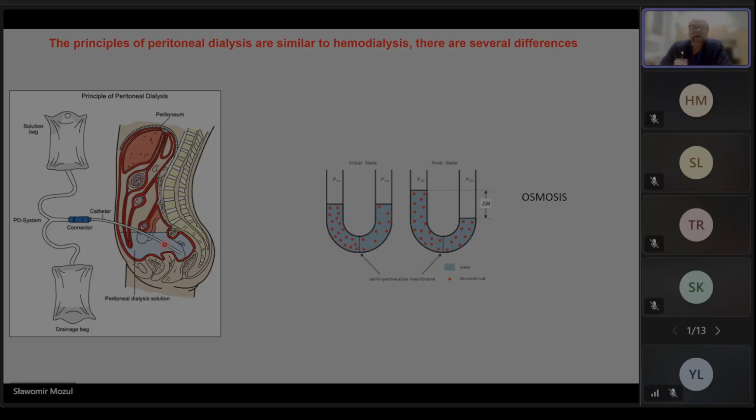The lactate diffuses from the dialysis fluid into the blood, and is metabolized in the liver to bicarbonate, which increases the bicarbonate concentration in the patient's bloodstream.